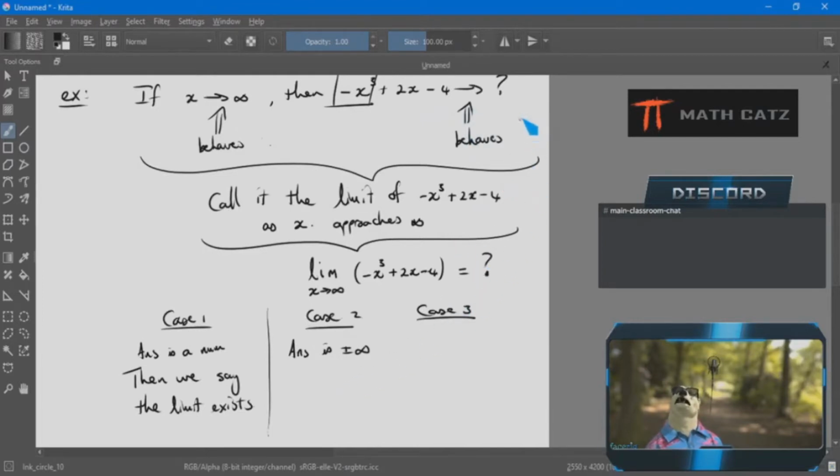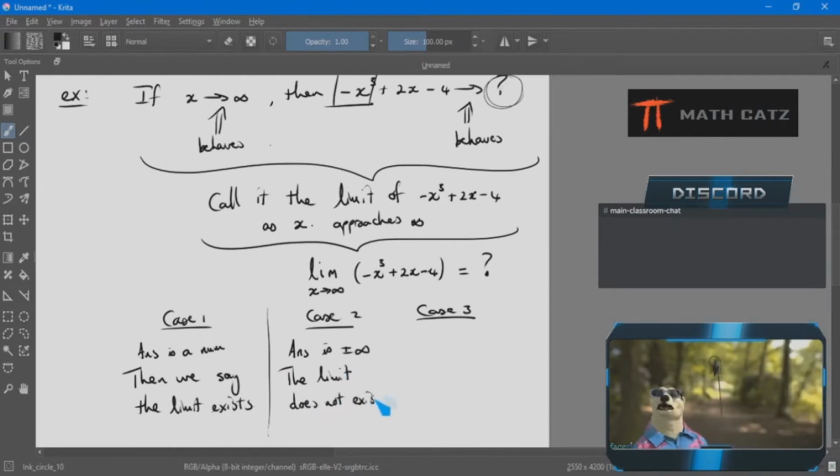So even though it seems like I have an answer, that answer is just an indication of behavior. Technically, I only have a proper answer if it's a number, if I get, in this case, a horizontal asymptote. So we could say a little bit more about the behavior with a plus or minus infinity over here, but we still say the limit does not exist because it's not a number.